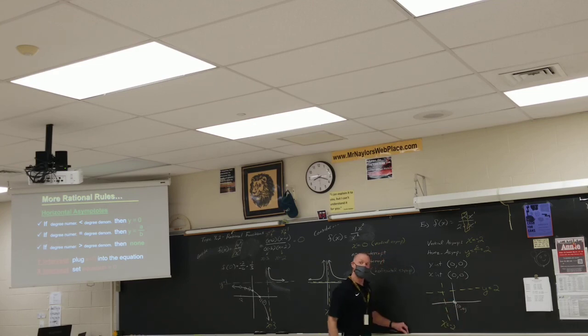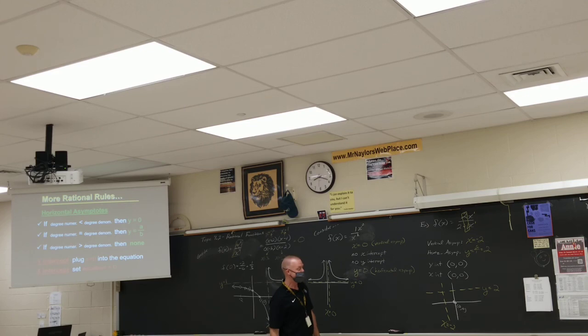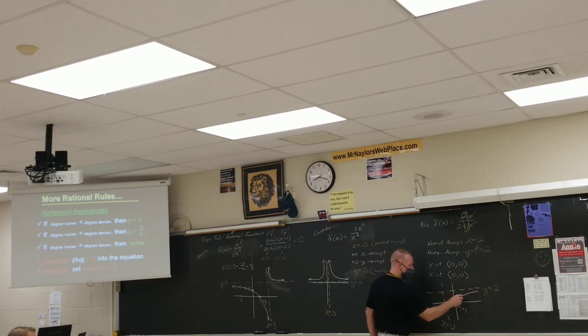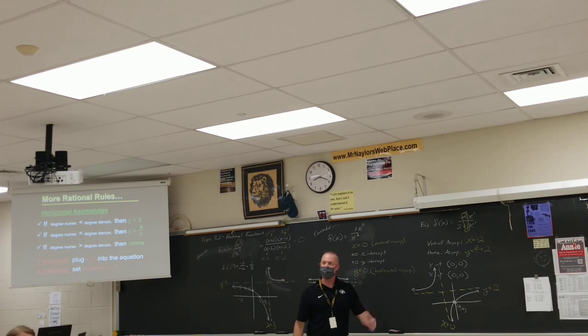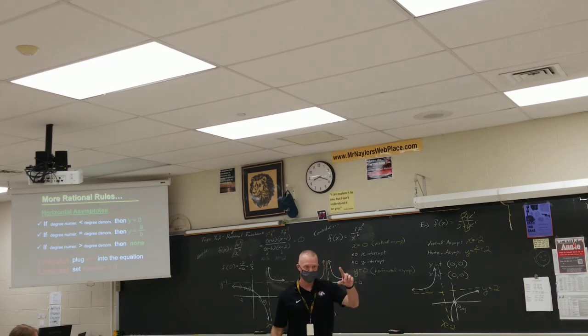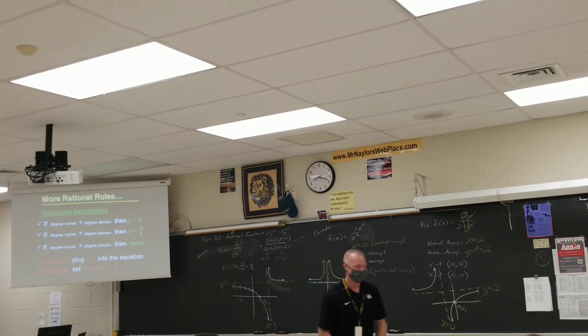The only thing left to do is to get out my calculator and see how it all goes together. And you see how it all goes together when you get out your calculator and you see a branch right here, and you see a branch right here. Eventually, we'll learn how to graph them without the calculator, but that's also down the road.